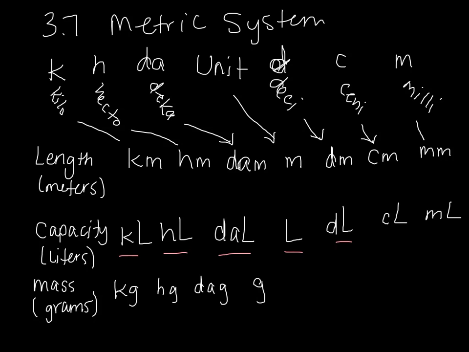DG would be decigram, CG would be centigram, and MG would be milligram, which we've heard before, hopefully. So we're just putting the letter in front of the unit, and that makes it bigger or smaller based on what we're doing.